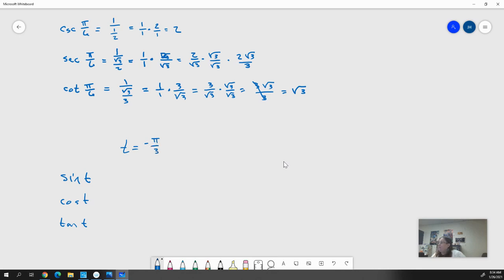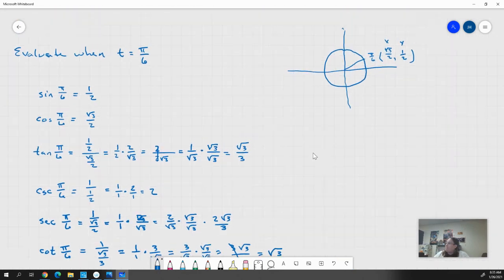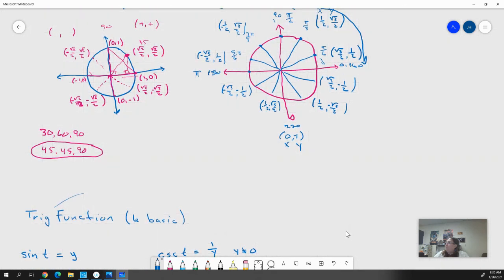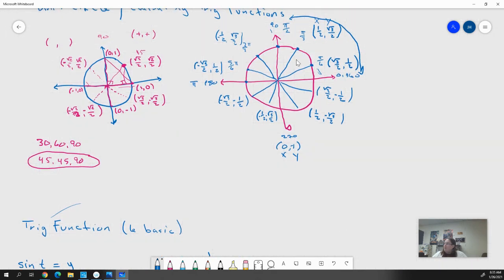Well, first of all, what is negative pi over 3? What does that look like? If you notice up here, we have pi over 3, right? Negative pi over 3 is the same distance in the negative direction.